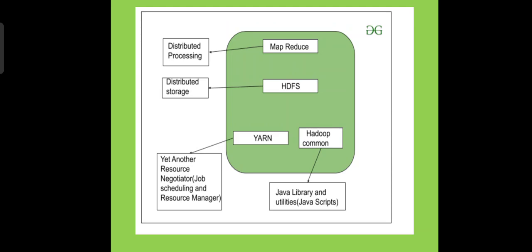MapReduce is used for distributed processing, HDFS for distributed storage, and YARN, Yet Another Resource Negotiator, for job scheduling and resource management, and Hadoop Common for Java libraries and utilities. These are the common components that are necessary in Hadoop.